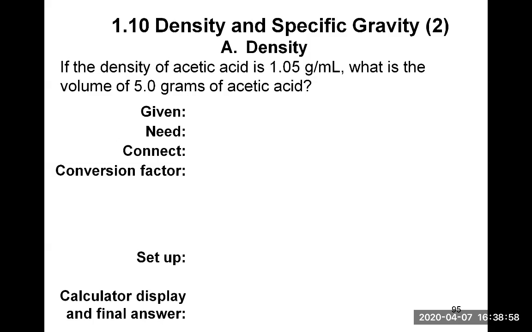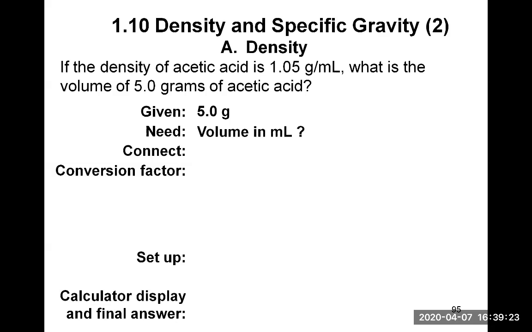The given amount is the measurement with the single unit, so 5 grams of acetic acid is your given. We need to find the volume in milliliters because the density is given in grams per milliliter.